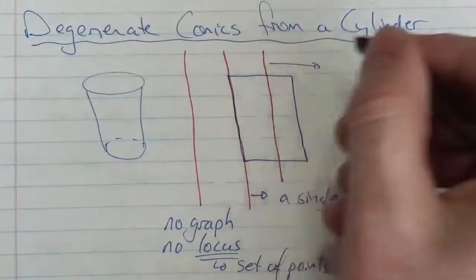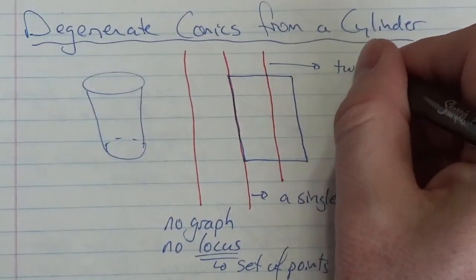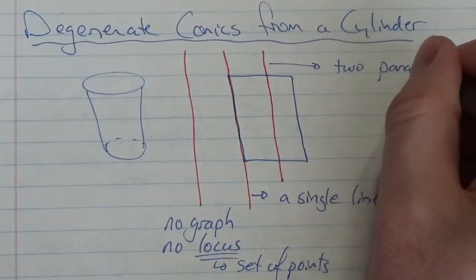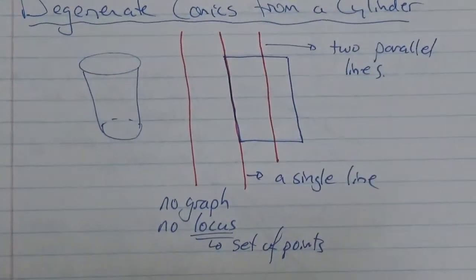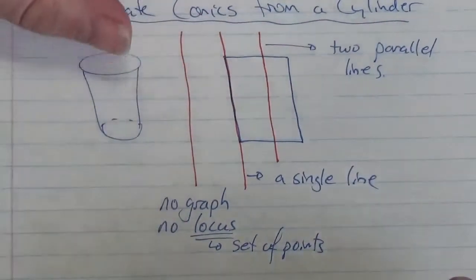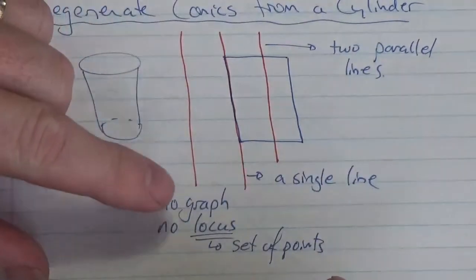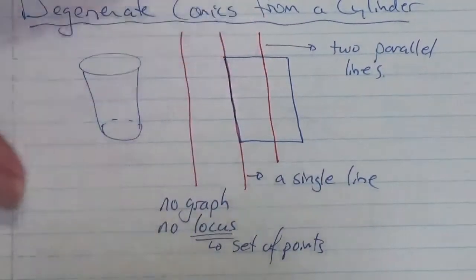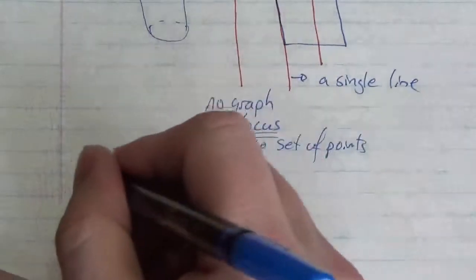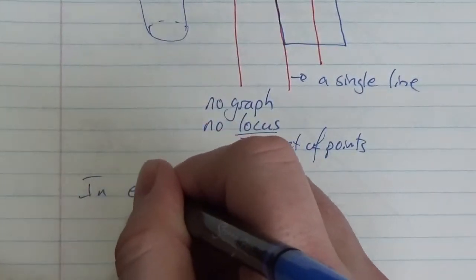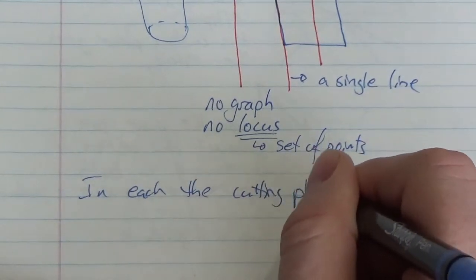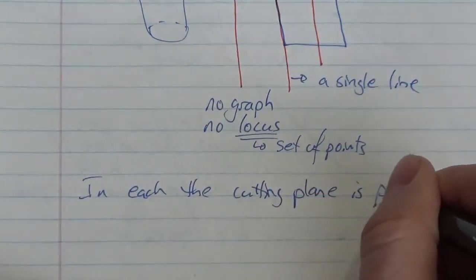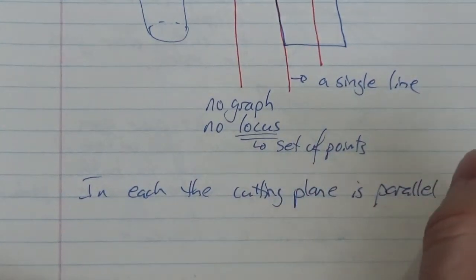And then we're going to get two parallel lines. So when it comes to the degenerates using a cylinder, we're going to get no graph, a single line, or two parallel lines. Now, in each the cutting plane is parallel to the generator.